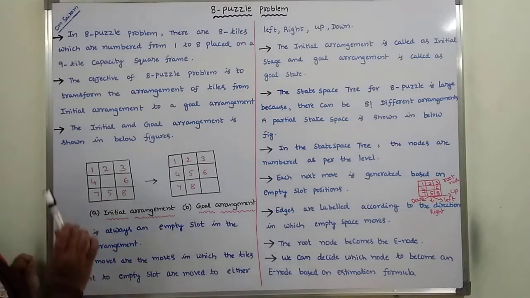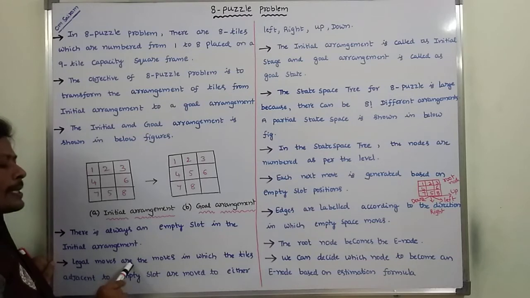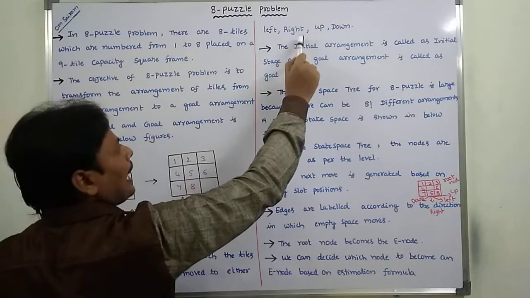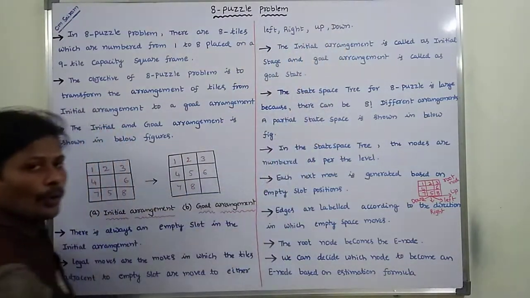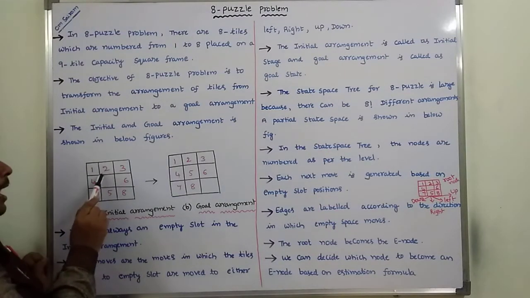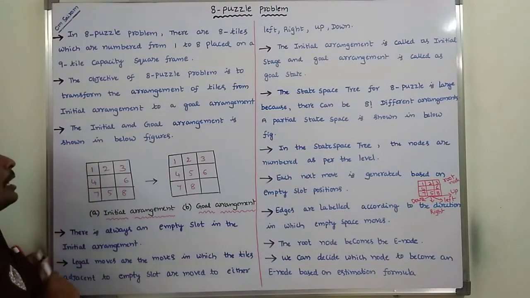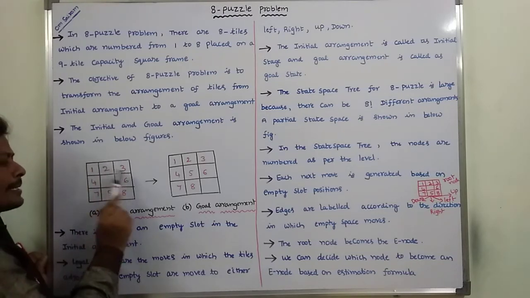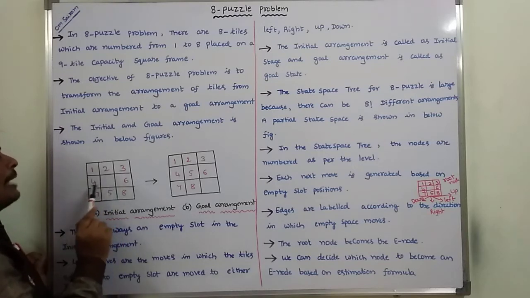Next one. Legal moves are the moves in which the tiles adjacent to the empty slot are moved either left, right, up, or down. Now this is the empty slot. What are the adjacent tiles of the empty slot? Tile 2, tile 6, tile 5, tile 4.